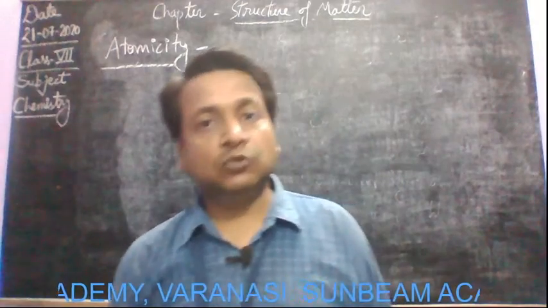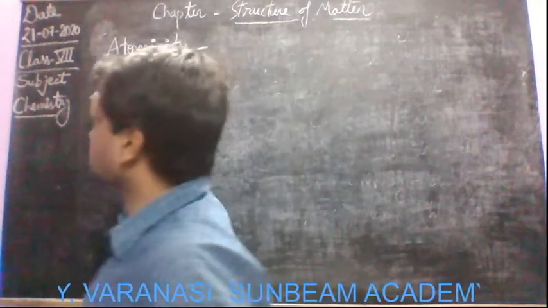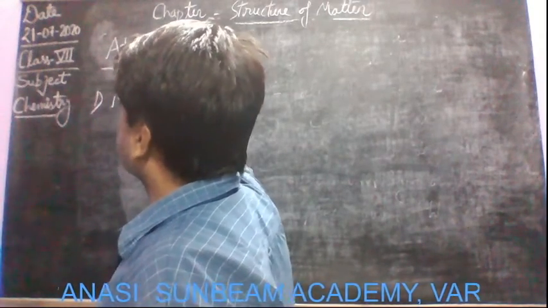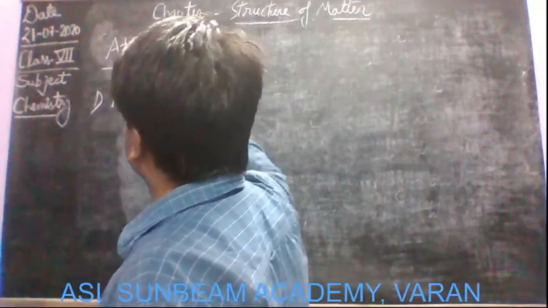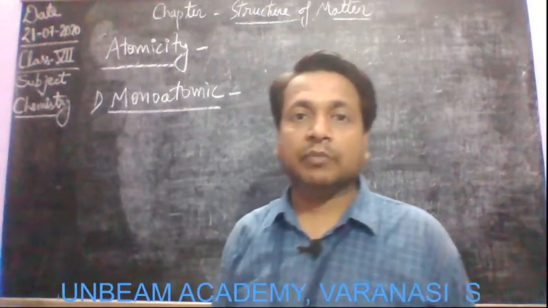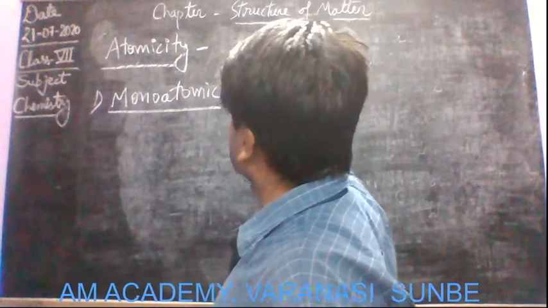So we have two types of atomicity. The first one is monoatomic elements.